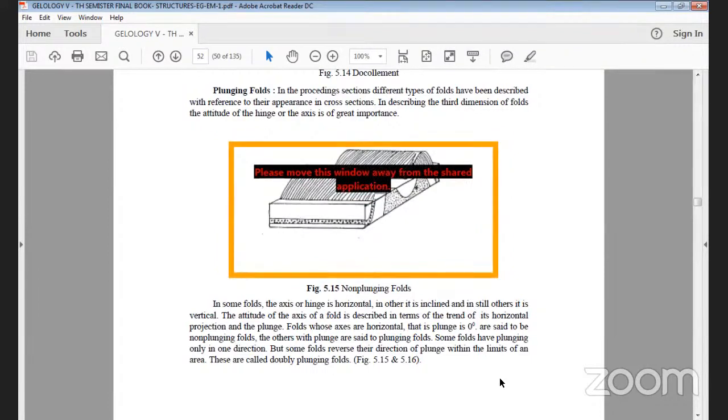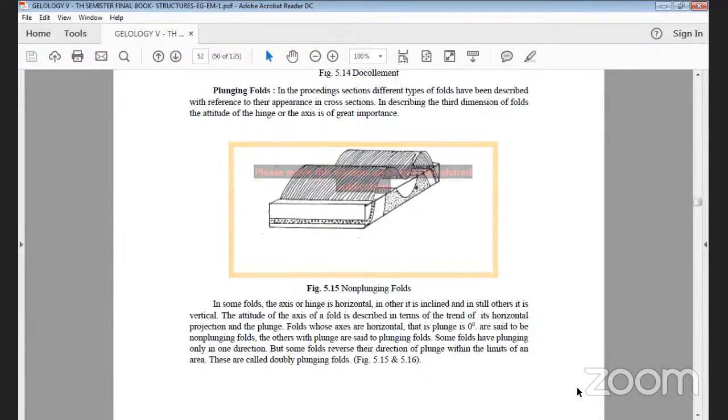The attitude of a fold we can describe in terms of trend, which is a horizontal projection, and the plunge. When the axis is horizontal, it has 0 degrees of plunge. The angle is 0 degrees, and it is said to be a non-plunging fold. The others with a plunge are said to be plunging folds.